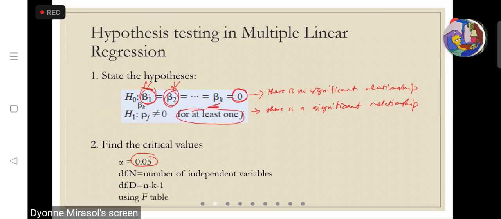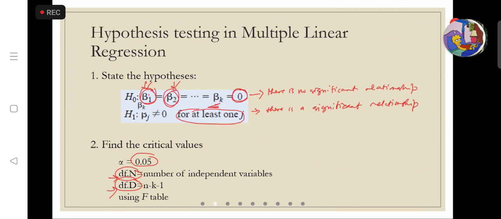This time, we will have 2 degrees of freedom, DFN and DFD. DFN is the degree of freedom for the numerator, and DFD is the degree of freedom for the denominator.